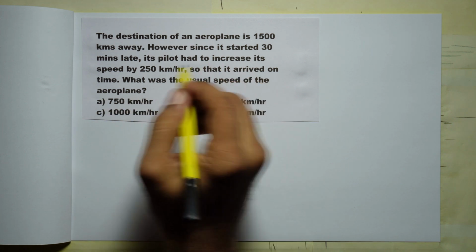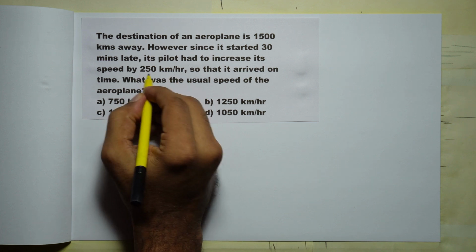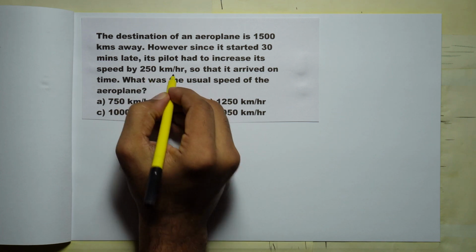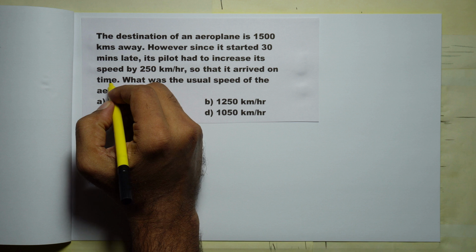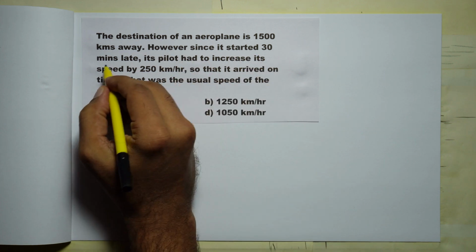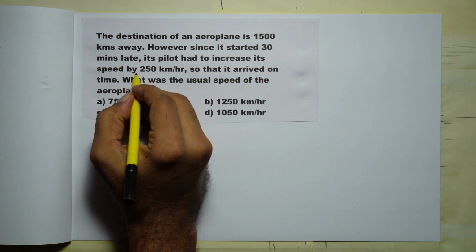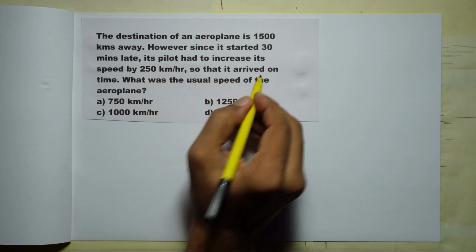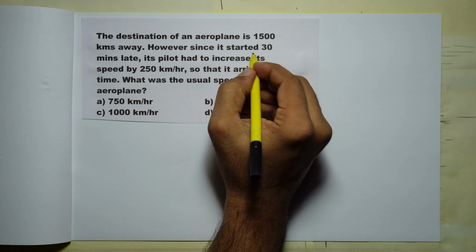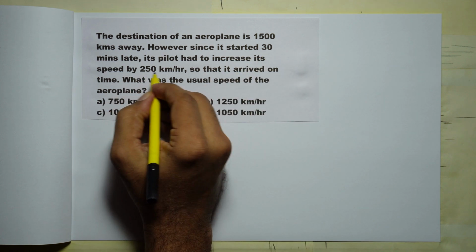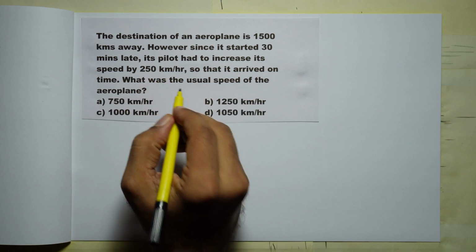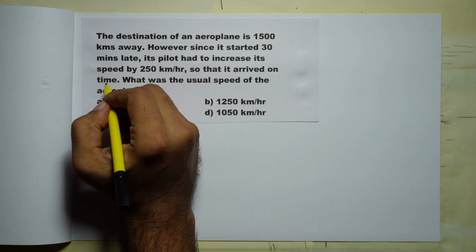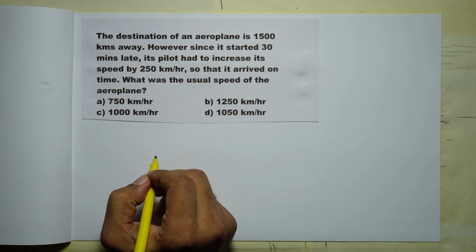So we can say that if you increase the speed by 250 kilometers per hour, it actually takes 30 minutes less. That is, it started 30 minutes late and it increases speed by 250 kilometers per hour and it was able to arrive on time. So if you increase the speed by 250 kilometers per hour, you will take 30 minutes less. So we'll form the equation like that.